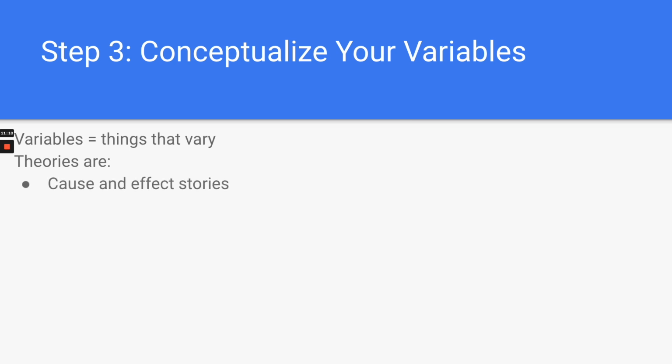I want you to think of theories not as terrifying, abstract, and complex things. Theories are not only answers to questions, they're really just stories. They are cause and effect stories, and they're built from variables.